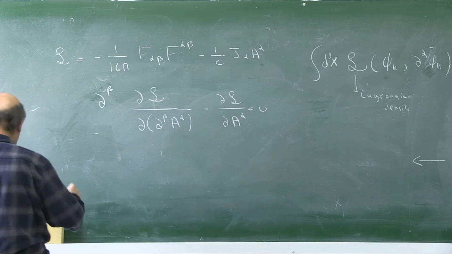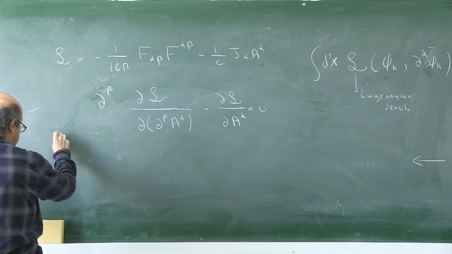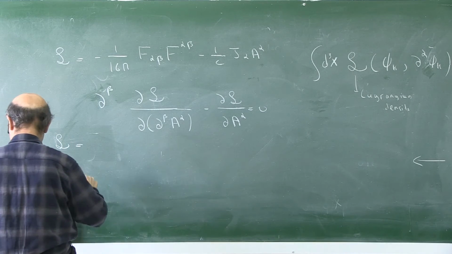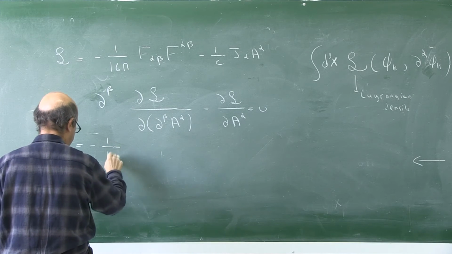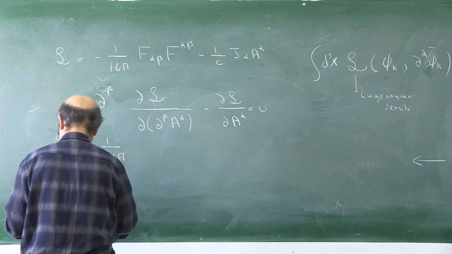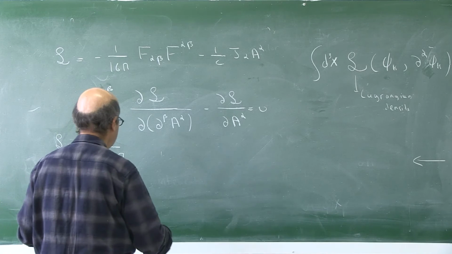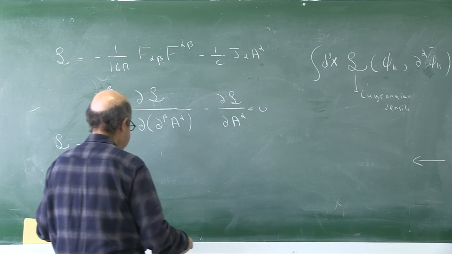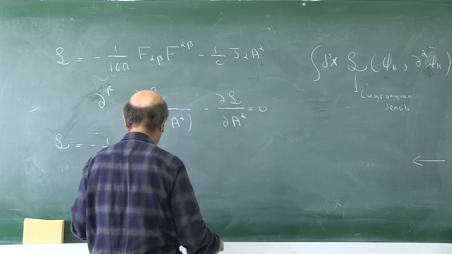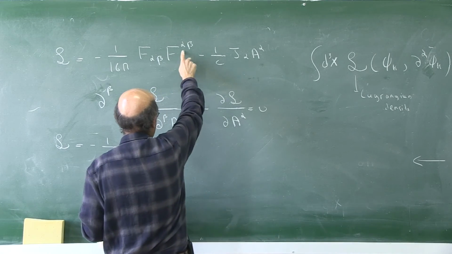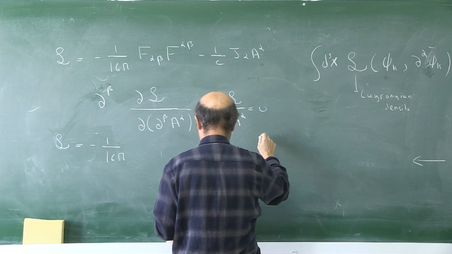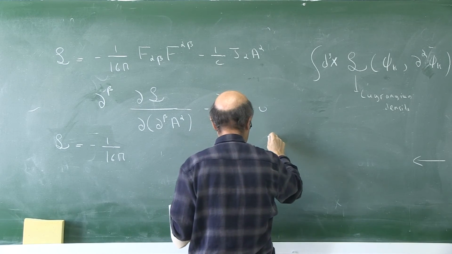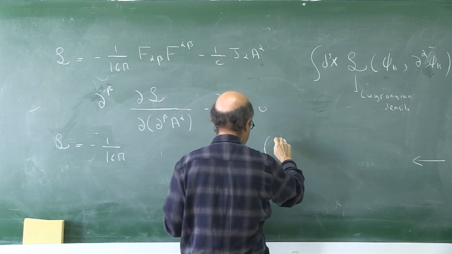So let me write the Lagrangian here in the following format: 1 over 16 pi, and instead of alpha beta, let me write F mu nu.